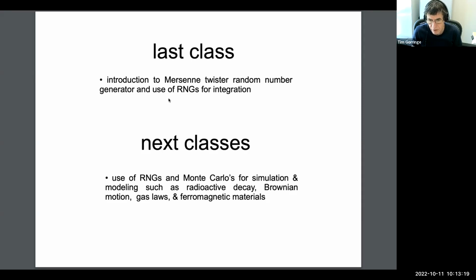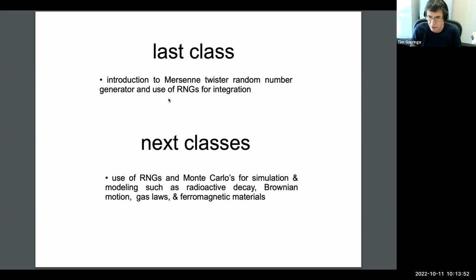In the last class, we introduced the Mersenne Twister random number generator. This is a random number generator based on bit manipulation and a recursive relation involving bit manipulation. That's different from the linear congruential random number generator, which was based on a recursive arithmetic relationship.